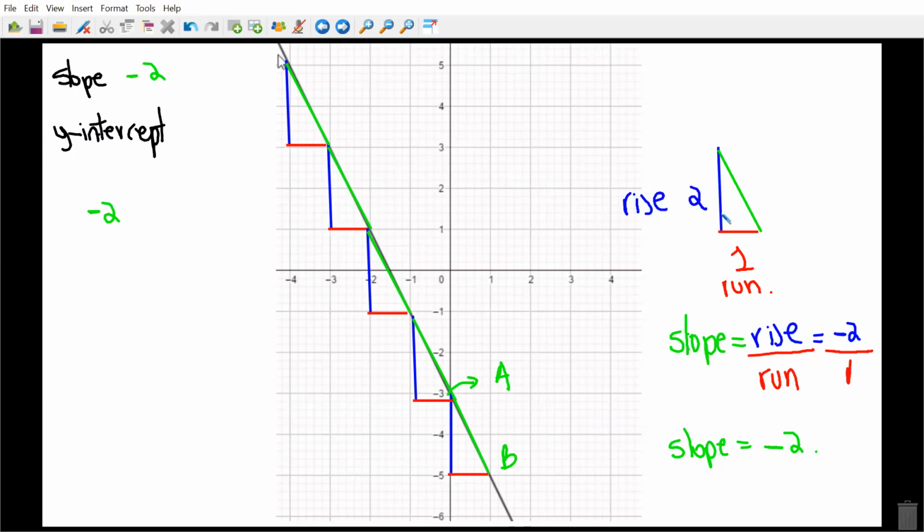And the value of the y-intercept was going to be what, guys? -3. Look where the line intercepts. It's going to be -3. So I can say that this equation is going to be y equals -2x minus 3. That's the equation of that line.